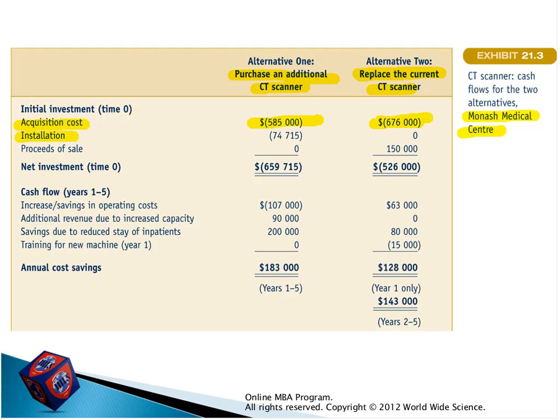When we purchase an additional one, we need some installation costs, around 74,715 US dollars. And in the second project, when we replace the current CT scanner, we have no installation cost because we are putting it in the place where the old one was. For the additional one, we might have to prepare a special place or room for the CT scanner, let's say. Okay.